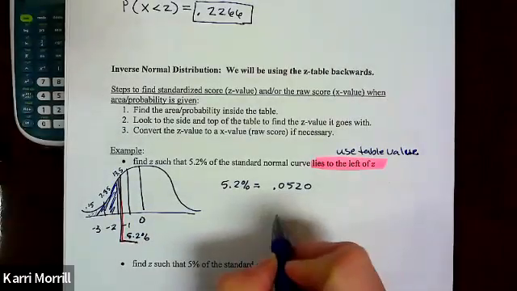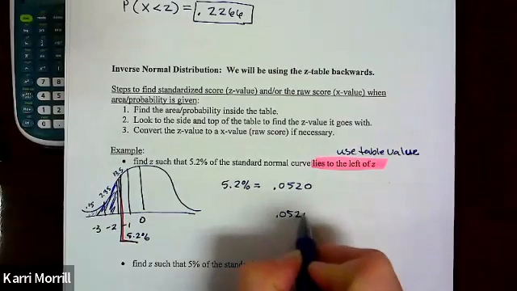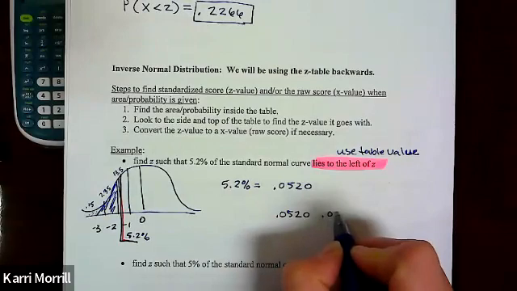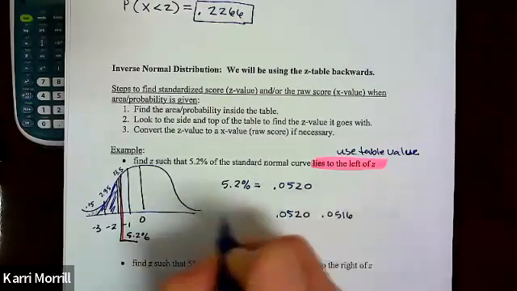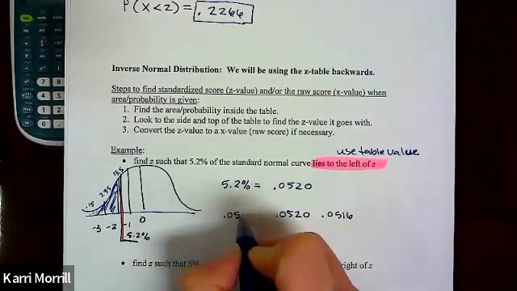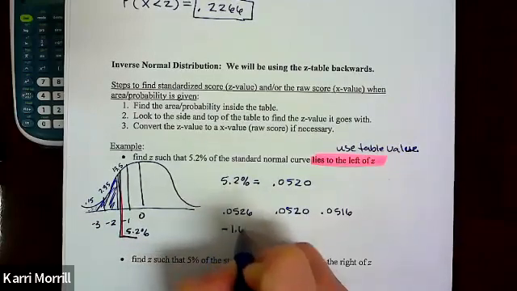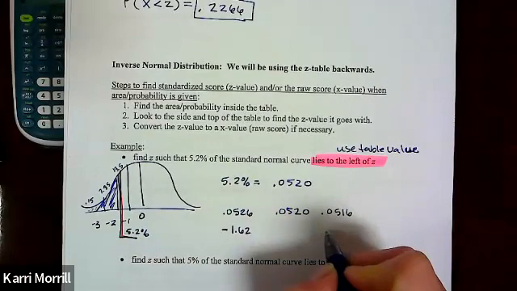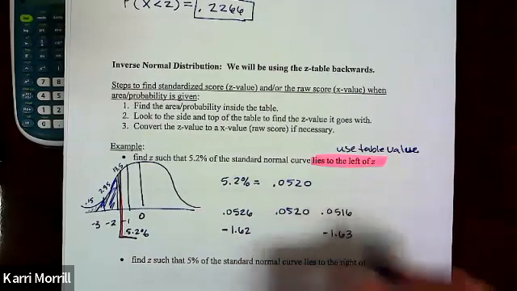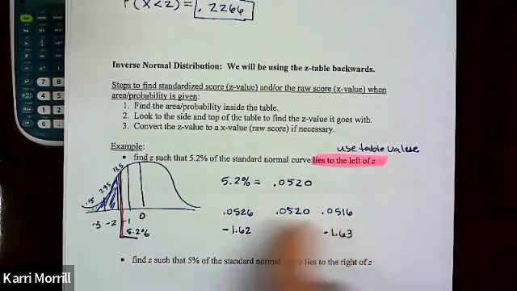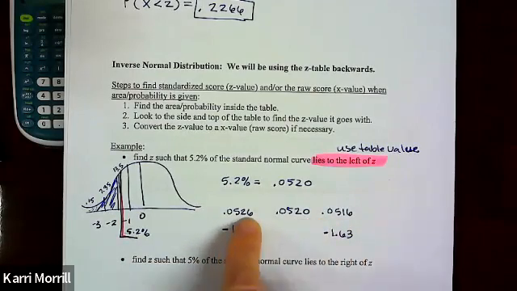But our value, let's go ahead and write it here, just to simulate the table a minute, because you can't look at both at the same time. So I said this represented a negative 1.62, and this represented a negative 1.63. So if you're talking about on the number line, this is only 0.04 away from that. That's 0.06.